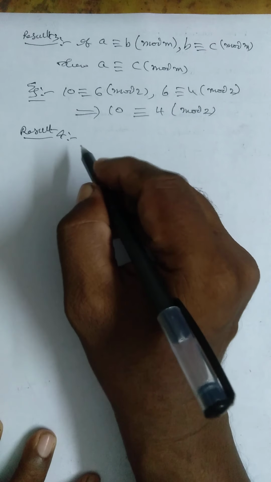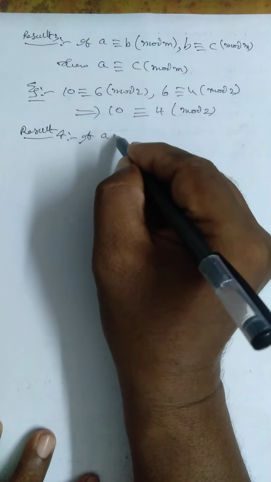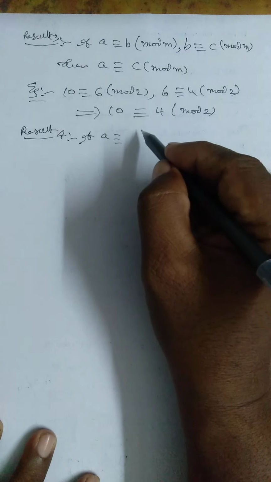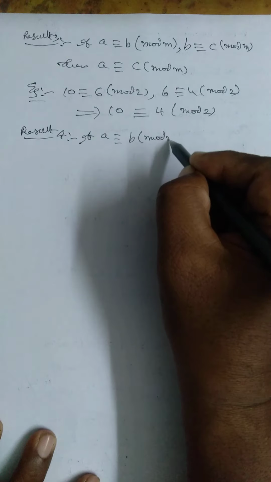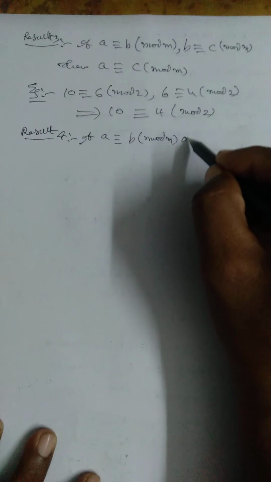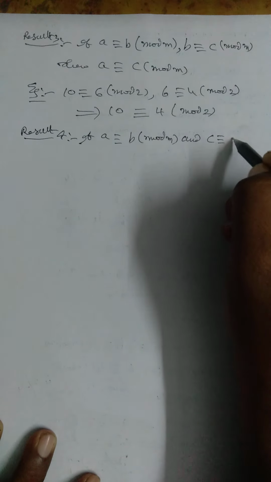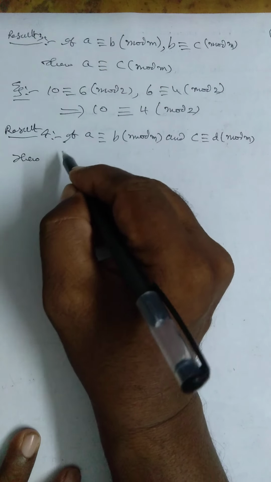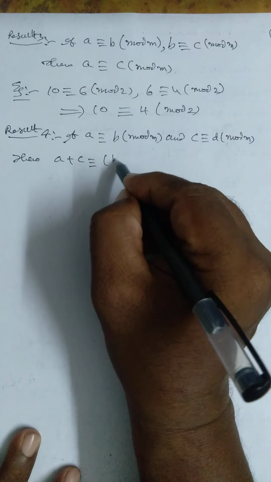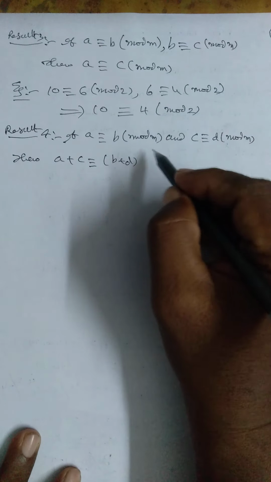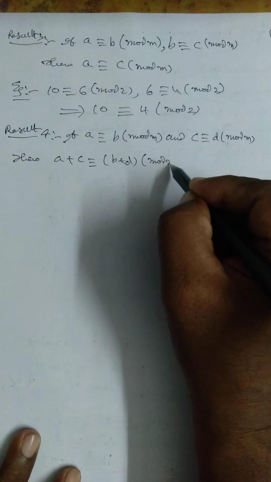Result 4: if a is congruent to b mod m and c is congruent to d mod m, then a plus c is congruent to b plus d mod m.